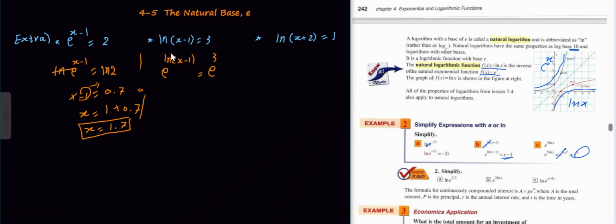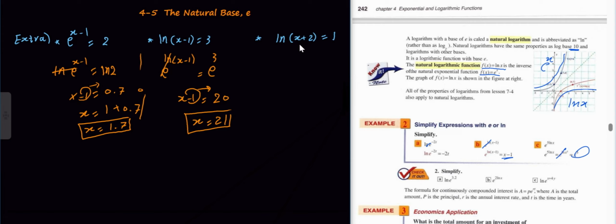So ln with e, they will cancel, x minus 1 is remaining, and e to the power 3 equals 20. If you do it by a calculator, you'll get 20. So move this negative 1 to the other side. It will be x equals 21. That's it. This is how we find the value of x.